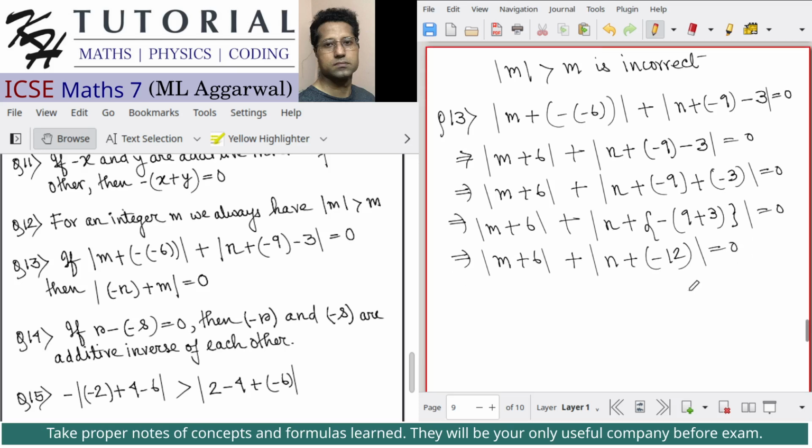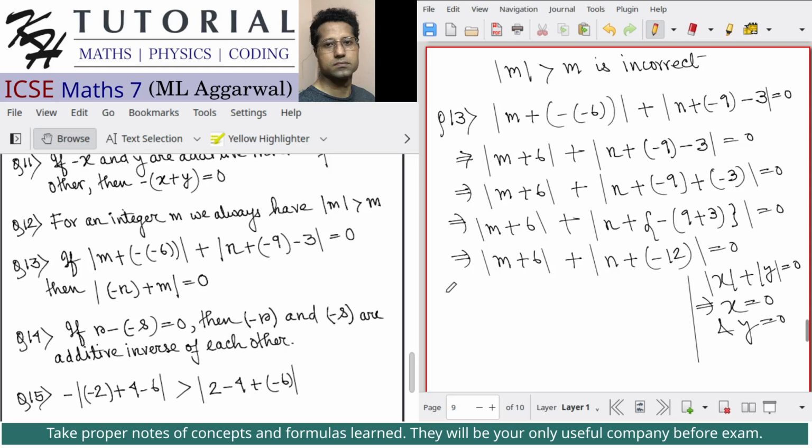Now, if it is given that the sum of some absolute terms is 0, then all the numerical expressions inside the absolute terms will be equal to 0. So if absolute value of x plus absolute value of y is equal to 0, where x and y could be a single integer or a numerical expression, then x will be 0 as well as y will be equal to 0.